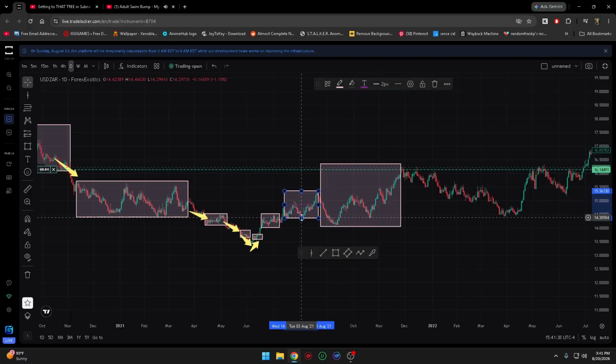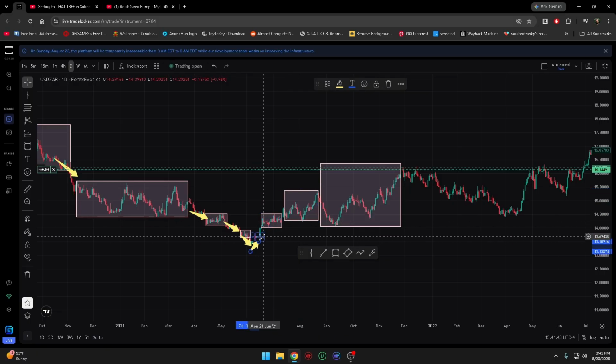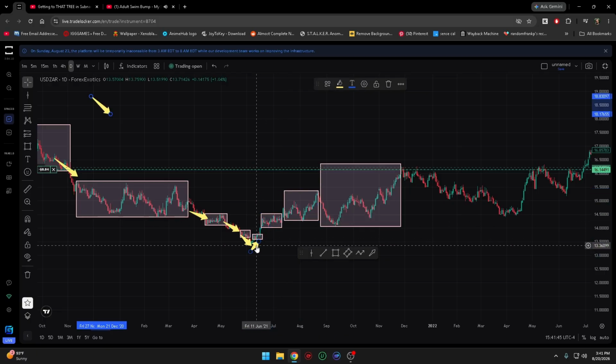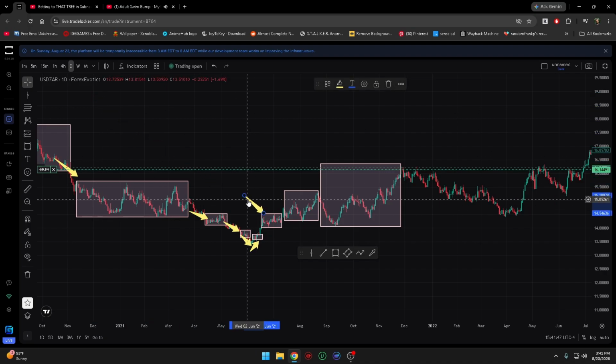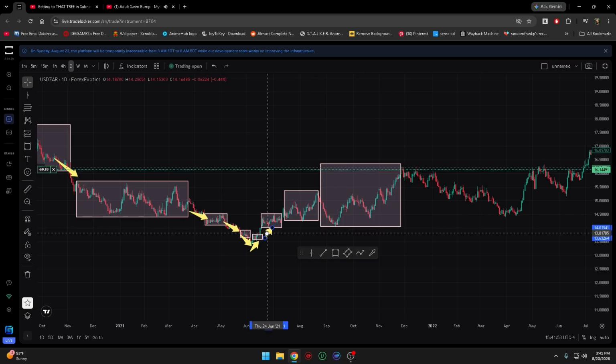I might as well, because this makes sense. Let me keep using the arrows for those who can't see what's happening. There's about to be a lot of drawing going on.